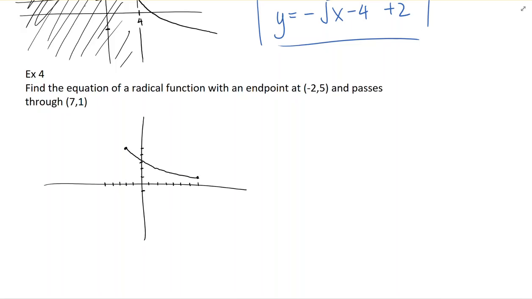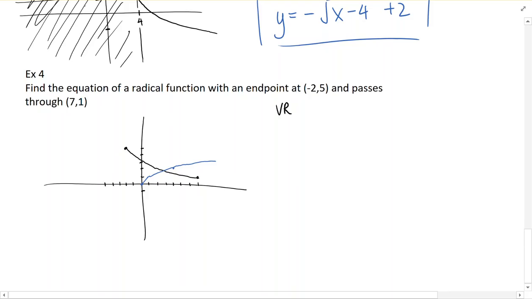So again, I'm just going to draw in that base radical graph just for reference. With (4, 2), this graph is something like so, okay? Comparing our base graph to the graph that we need to find an equation for, it's very clear that there is a vertical reflection.